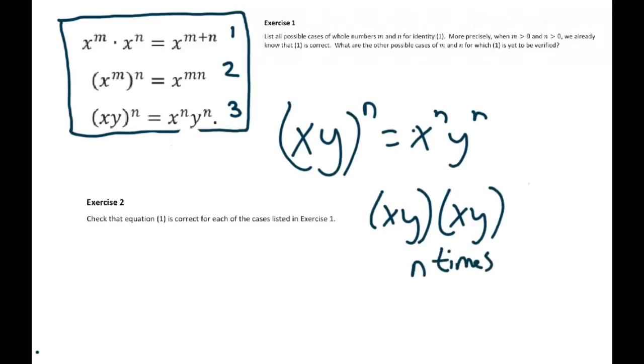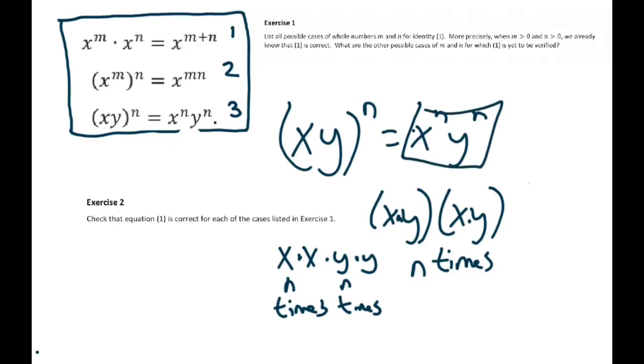As you know, with multiplication like this, we can rearrange these to make it this: x times x, n times, and times y, also n times, which gives us this. Alright.